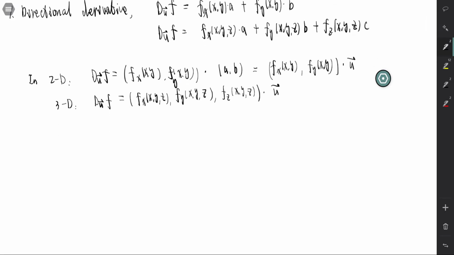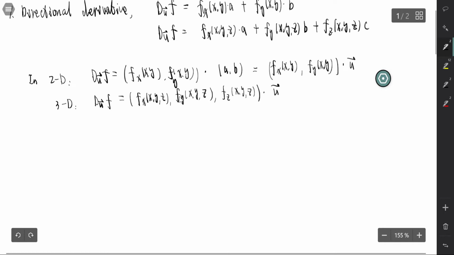Now we see that the directional derivative can be written as the dot product of 2 vectors. We give the first vector a name, we call it the gradient of f.